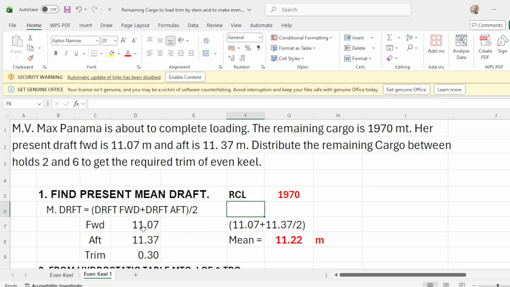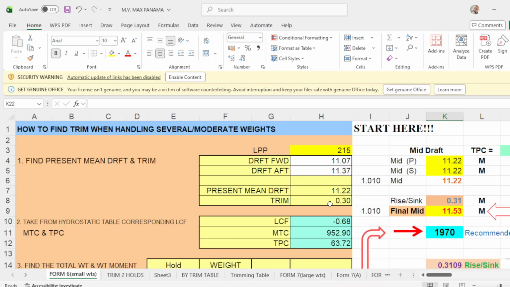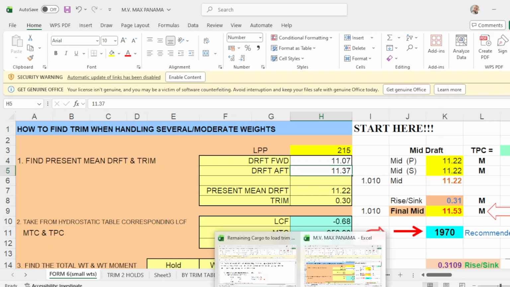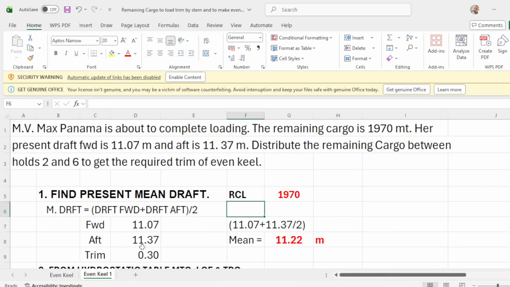So forward is 11.07, so we put here forward is 11.07 and aft is 11.37.